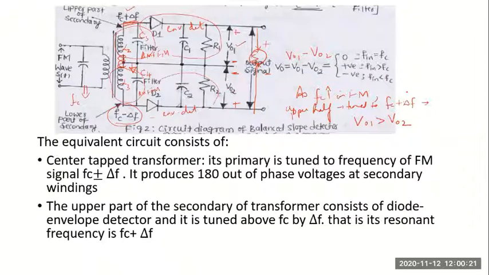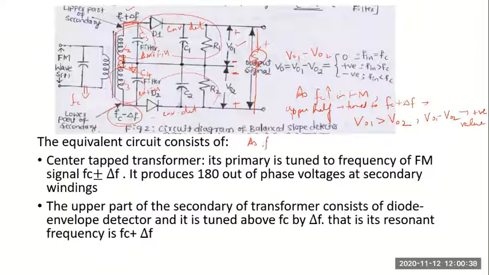Okay, so that means V01 minus V02 will be a positive value. We are going to get a positive value at the output whenever the input frequency is increasing. Okay, I hope you are following this.